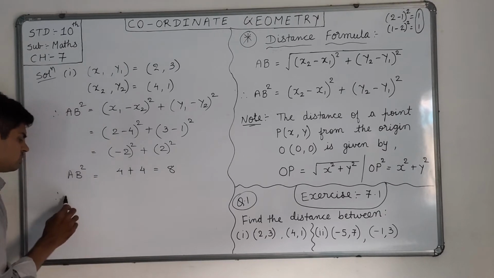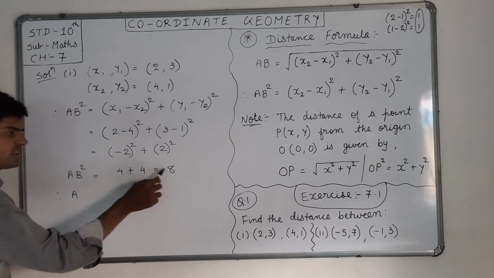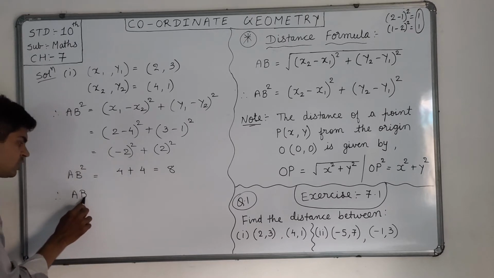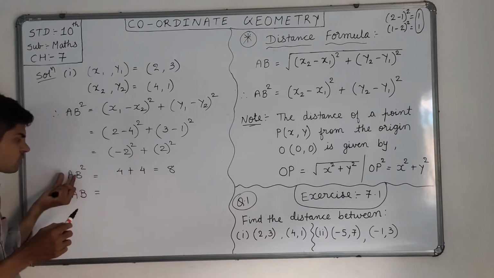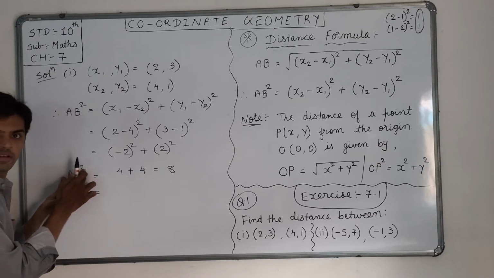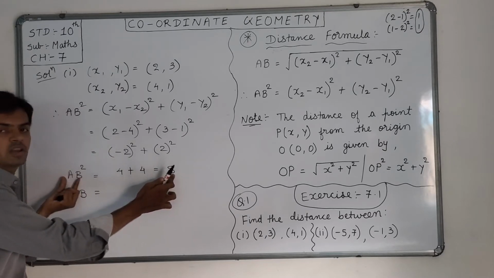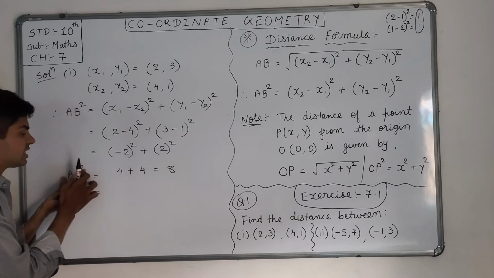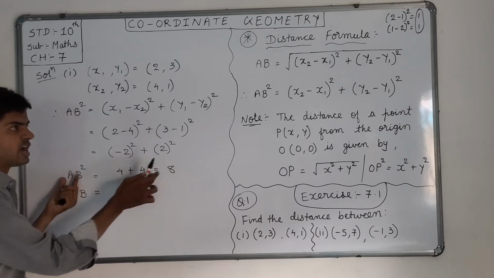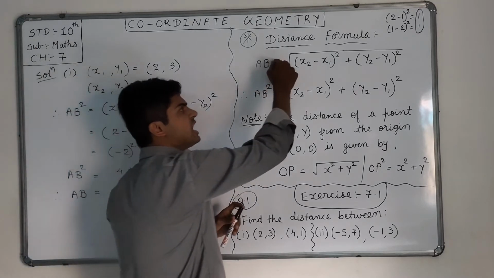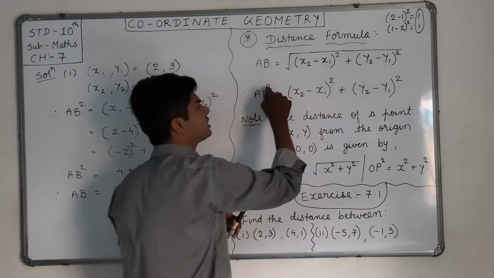Okay? So AB square is 8. Then what will be the value of AB? If we are removing square from here, then it will come square root here. यहाँ से आप स्क्वायर निकालते हो तो यहाँ पे रूट आ जाएगा. ऑपोजिट, यहाँ पे आप रूट निकालते हो तो यहाँ पे स्क्वायर आ जाएगा.